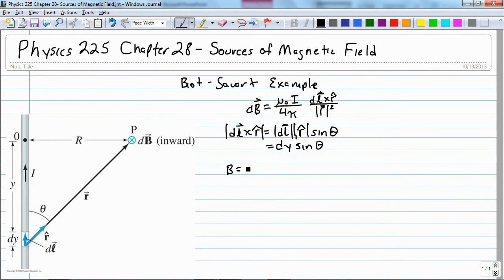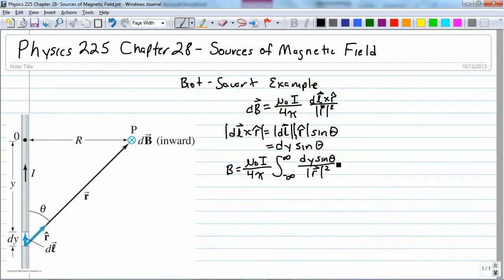So B is equal to mu naught times the current divided by 4 pi, an integral from negative infinity to infinity of dy sine theta over r vector length squared.